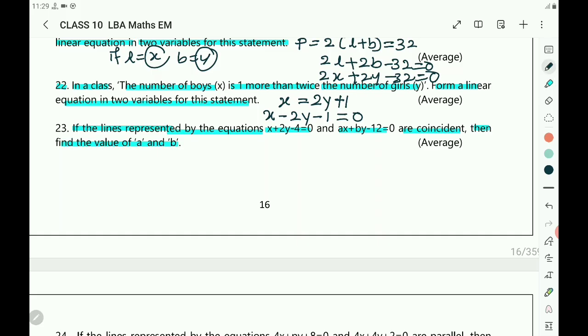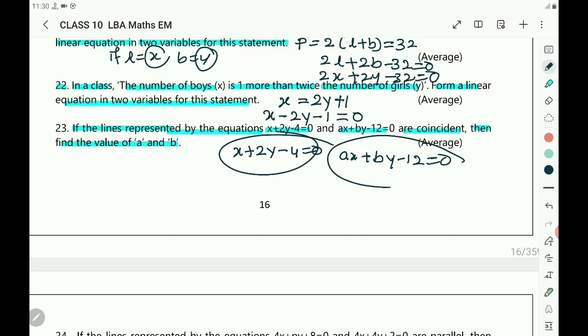Here the given equation is x plus 2y minus 4 equals 0 and the other equation is ax plus by minus 12 equals 0. They are coincident. Means a1 by a2 equals b1 by b2 equals c1 by c2.